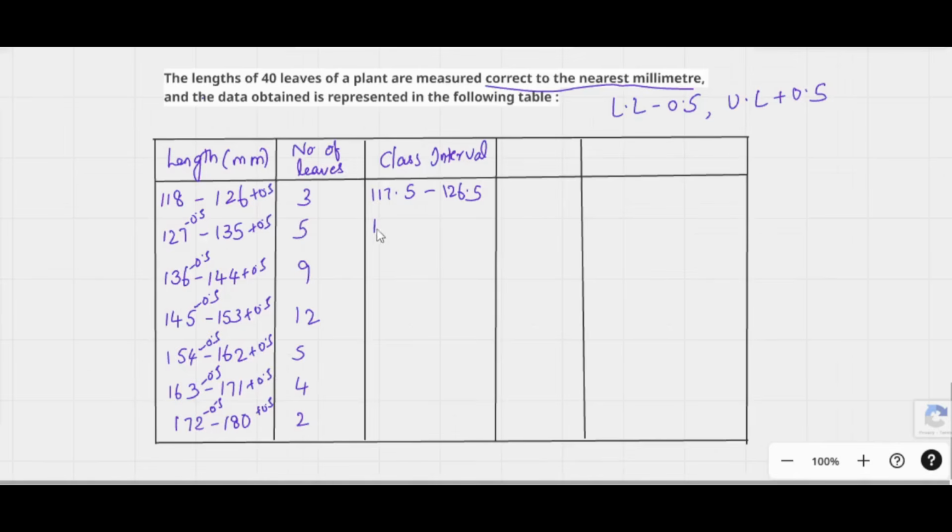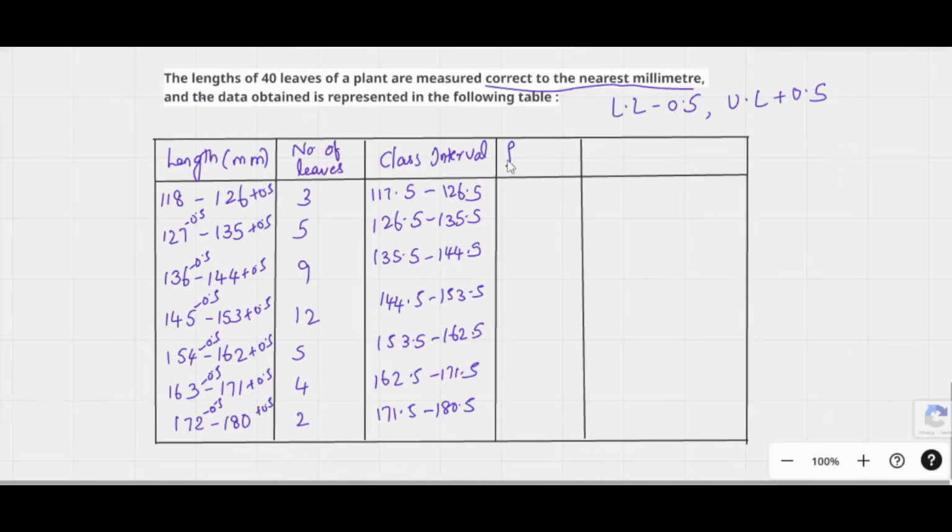Let me write the values now: 135.5, 144.5, 144.5. If you have pen and book with you, also practice along with me. Yes, these are our class intervals.